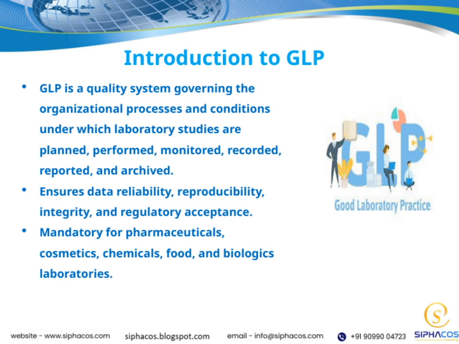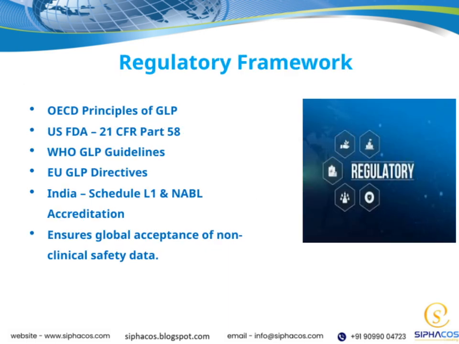These industries rely heavily on precise, validated data to ensure safety and efficacy. Overall, GLP forms the backbone of quality assurance in laboratory studies, helping us maintain high standards and compliance across various regulated sectors.